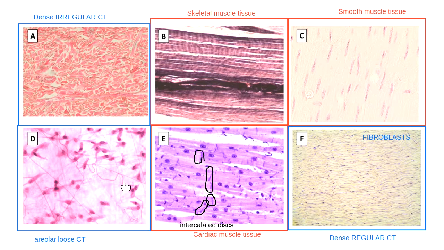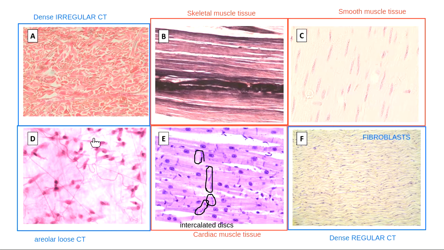When I have proteins that are loosely packed together, that are kind of going all over the place, and I see these big cells like here, this is what areolar loose connective tissue looks like. So cells with loosely packed proteins, yeah, like Mike mentioned, so more wide open. With my loose types of connective tissue, there's a lot more space. So lots of open space and these large cells.